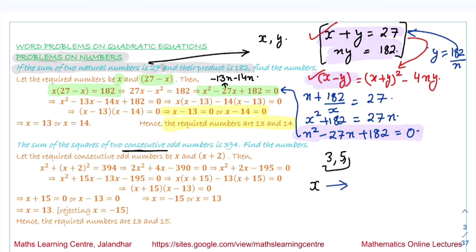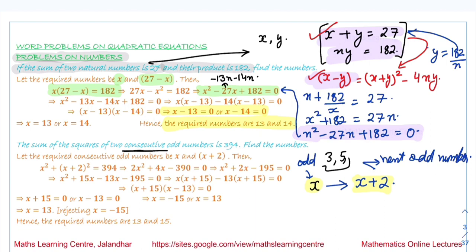Now the next to this will be x plus 2. If x is odd, then x plus 1 will be even, and x plus 2 is the next odd number. So x and x plus 2 will be the two consecutive odd numbers.